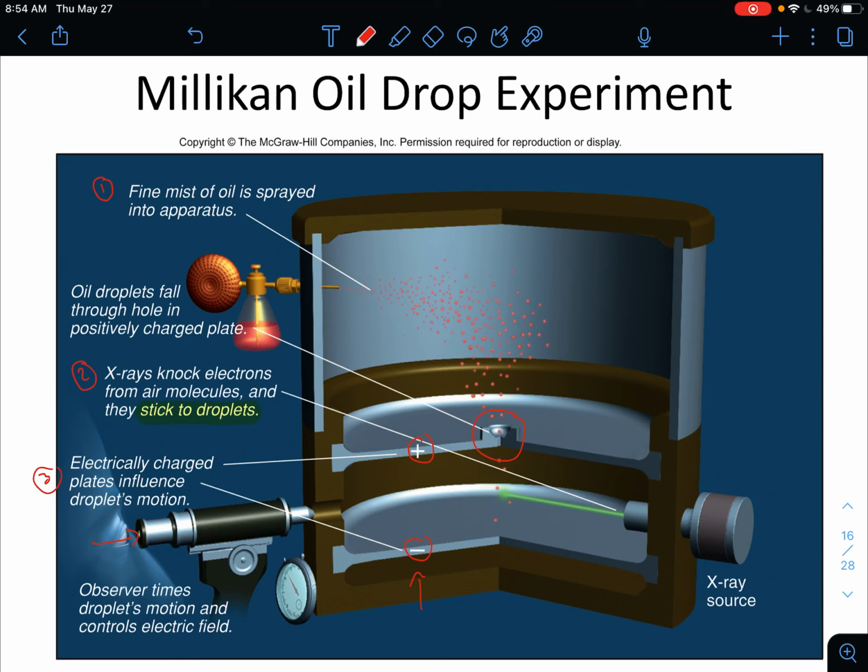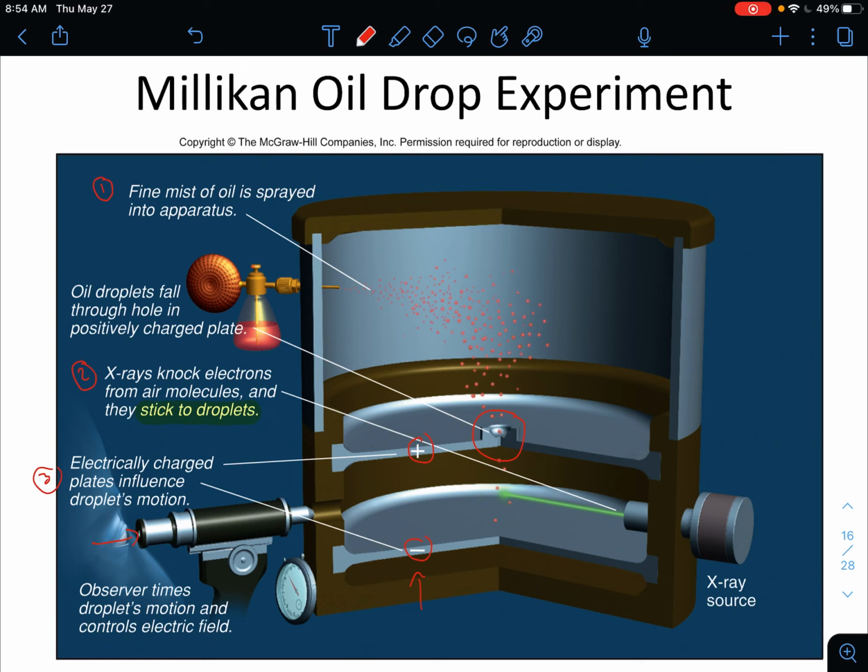It's important in order to do that that he knows the mass of the oil droplet he's observing, and that's where the observer space is important, because he knows the density of the oil, and he can observe through his observing lens over here.